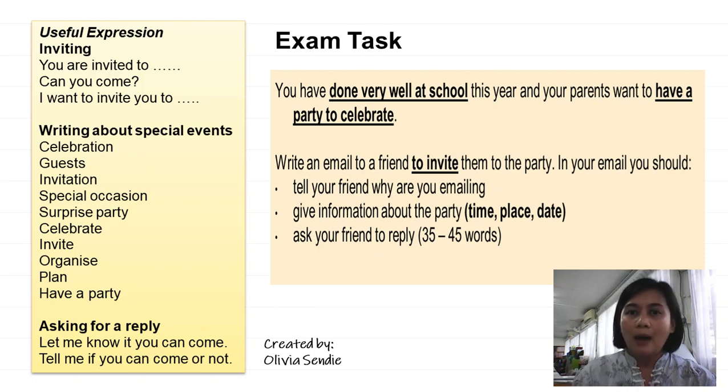Now, you see there's some phrases in the exam task that I have underlined. Use that, and I bold some of the words as well. Use the information underlined and the one in bold to write your email. You can also refer back to this email.